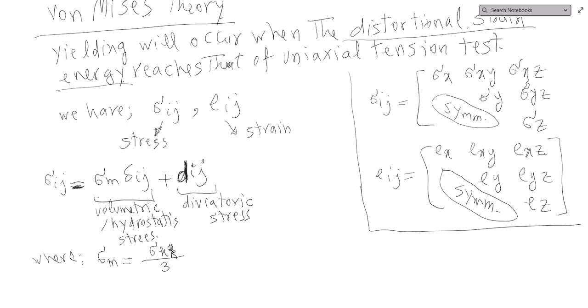So what we are saying basically here, for this, we come and sum up the diagonal elements and subtract it from our stress element. The remaining will be the deviatoric stress.